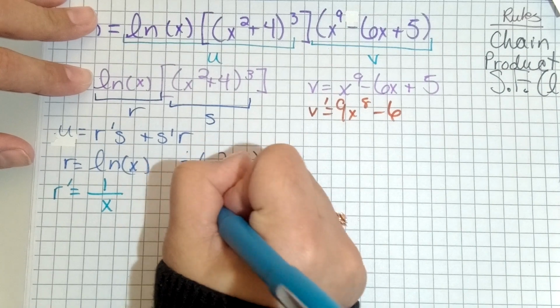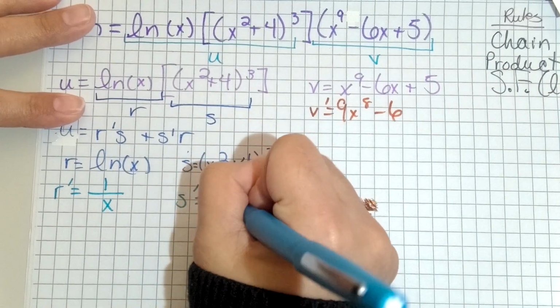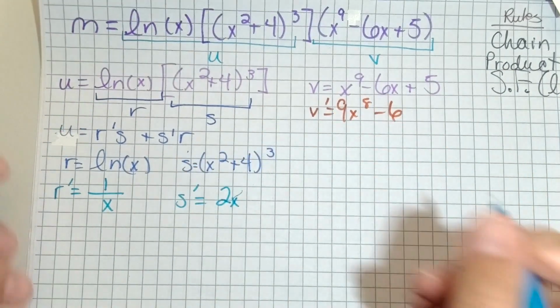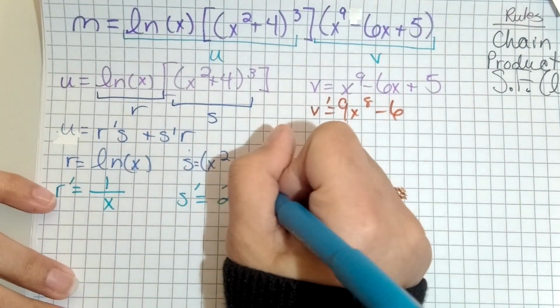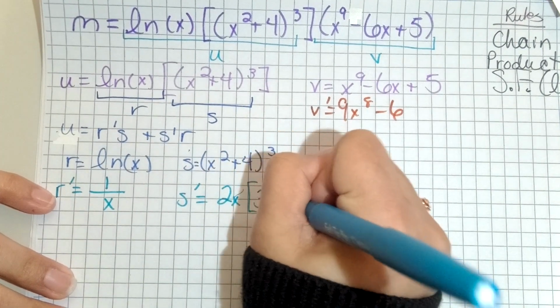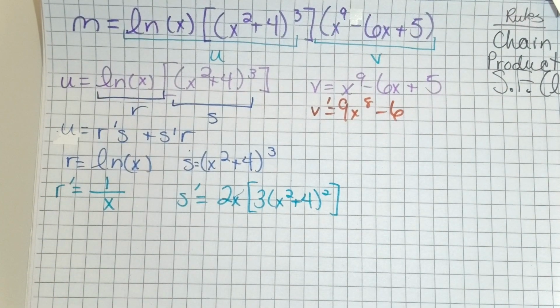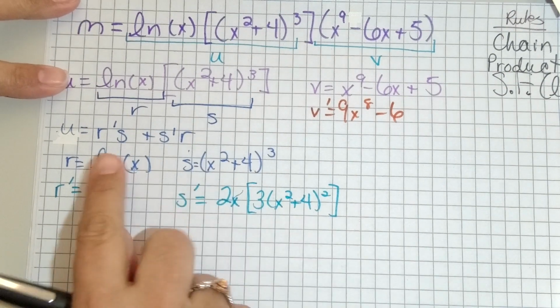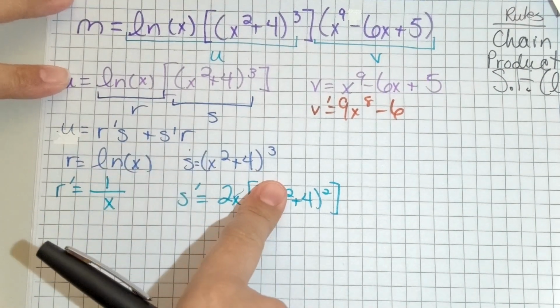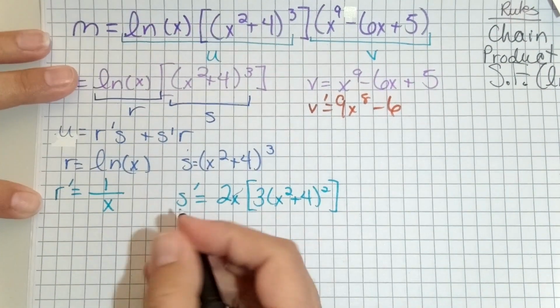S prime, correct me if I'm wrong because I'm doing this in my head. Oscar, correct me if I'm wrong, okay? Because I know you do it in your head. 2x times quantity of 3, x squared plus 4, all squared. Okay, thank you. So this is R prime, this is S prime, and I'm going to put it together.